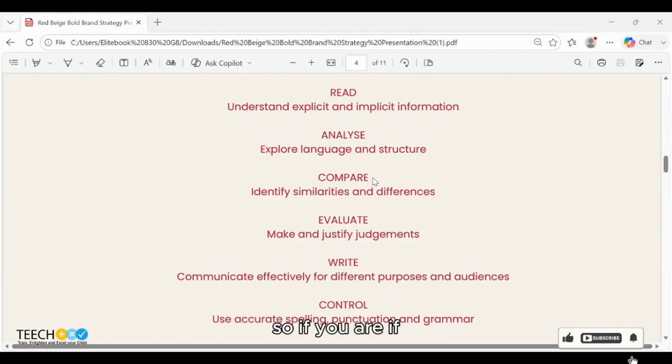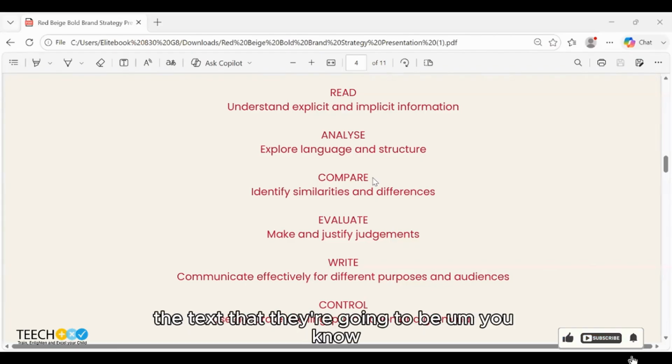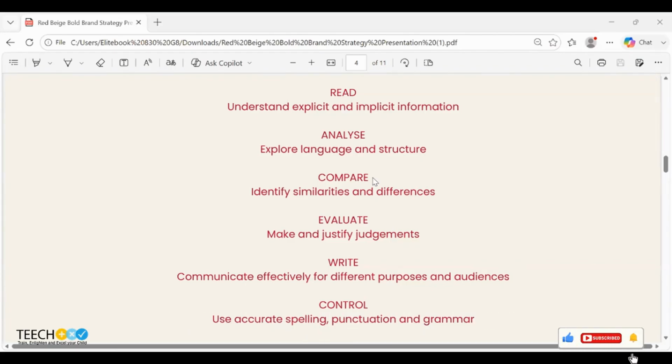So if your students have texts, of course they usually have texts, that they are going to be studying for their exam, one of the things that you should be able to teach them is context. It will help them to be able to compare different texts written at different points in time.